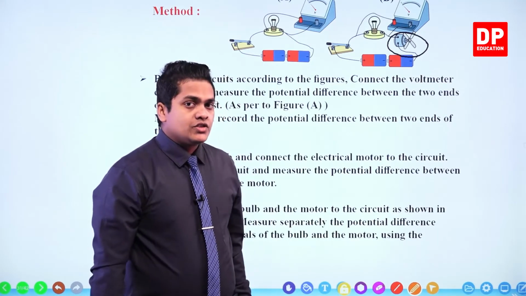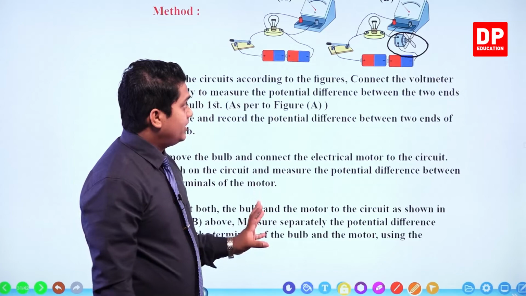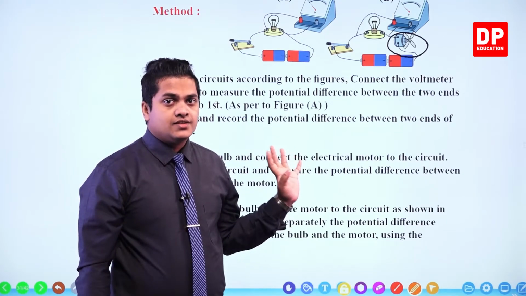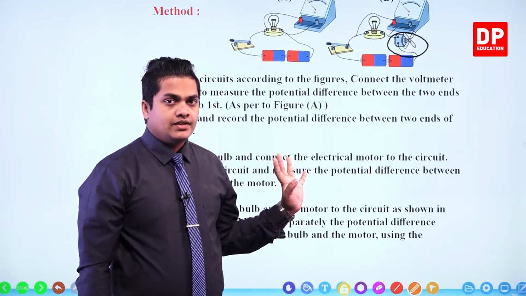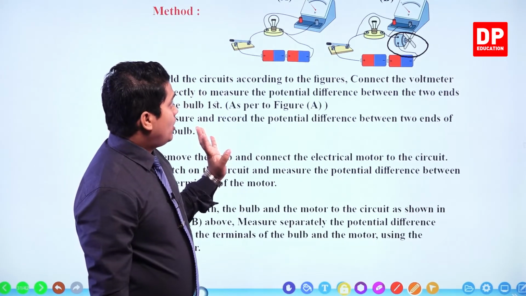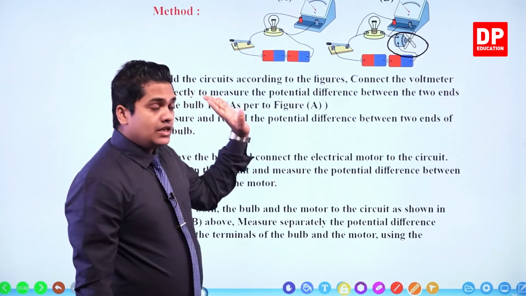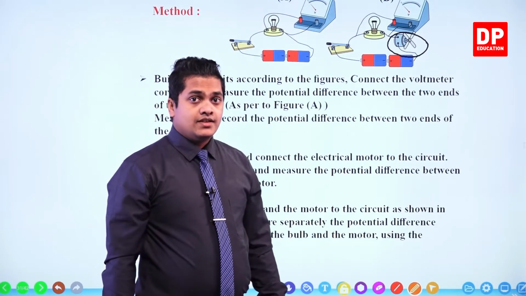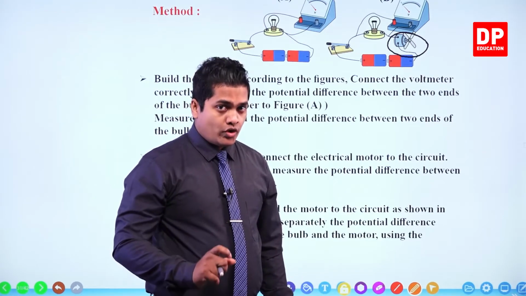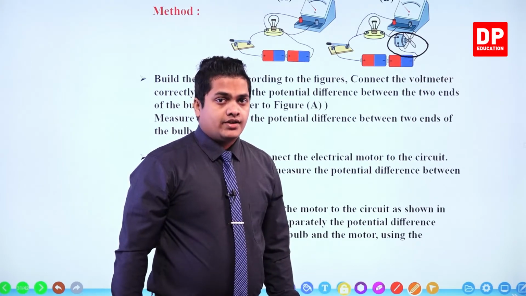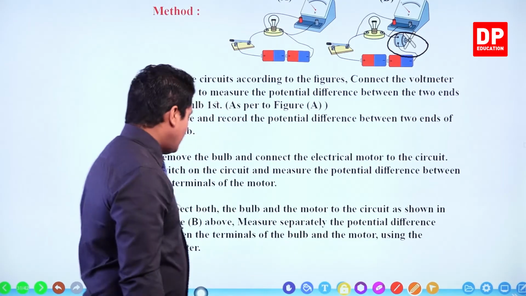In here you are given two different situations, two different figures separately. In the first instance, you can observe only the electric bulb, and in the second instance, the electric bulb with the motor, both connected to each other, right?